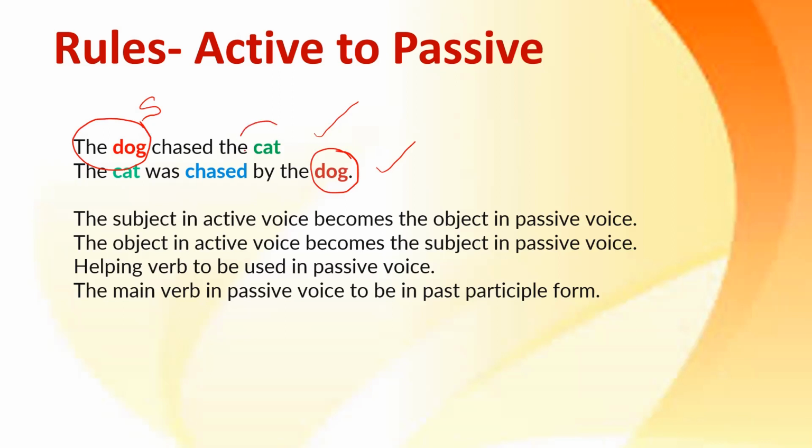Number two, the object in active voice will be the subject in passive voice. And in passive voice, you have to use a helping verb. And the main verb in passive voice should always be in the past participle form, that is in the third form of verb.